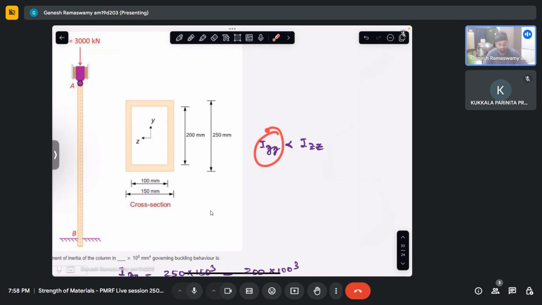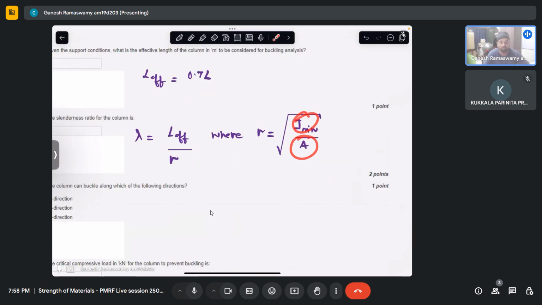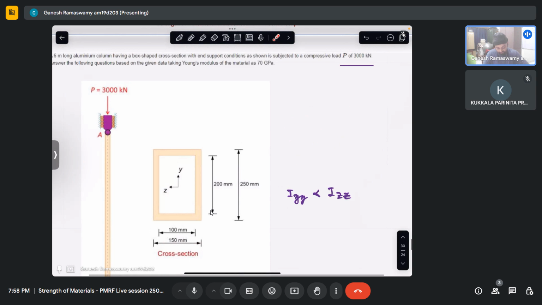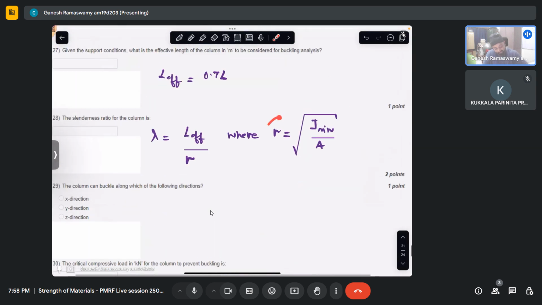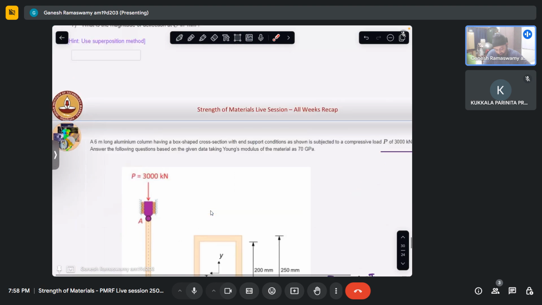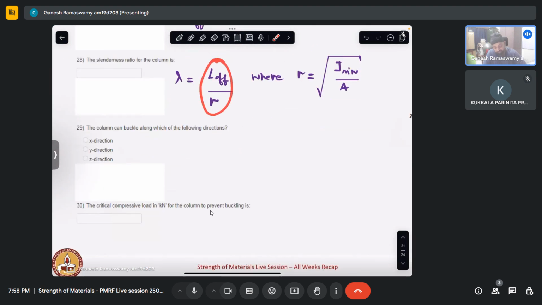So if we substitute Iyy and the area of the column here, what is the area of the column? It is the difference between the areas of two rectangles, which we can easily find out. So from here you will get r. L effective we know is 0.7 L, and the actual length of the column is already given in the question to be 6 meters. So it is just a matter of substitution and we can find the slenderness ratio.